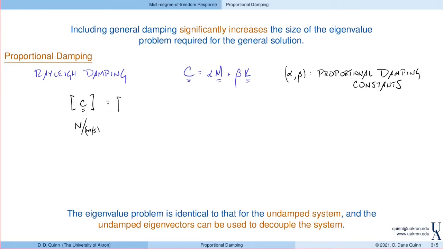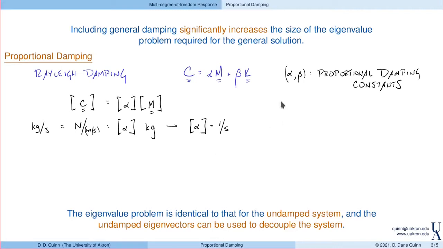And so that's got to be equal to the units of alpha times the units of the mass matrix, kilograms. I'll note that this quantity reduces to kilograms per second. And as a result, the units of the alpha constant are simply 1 over seconds.